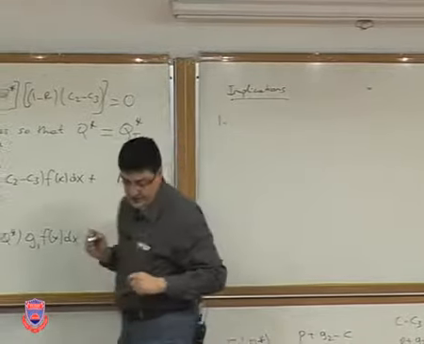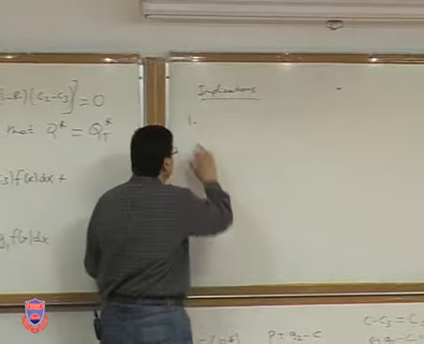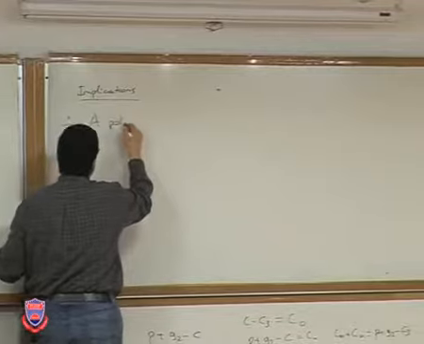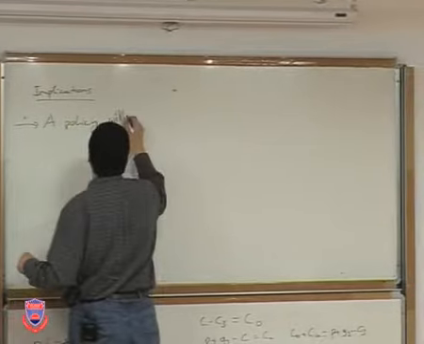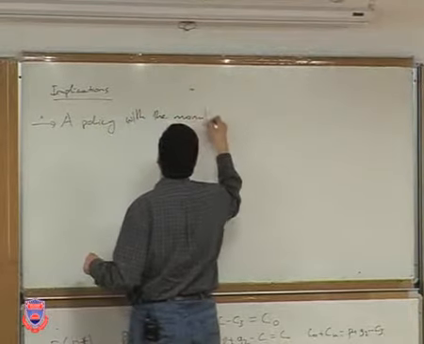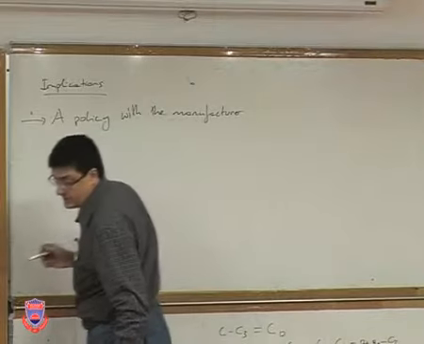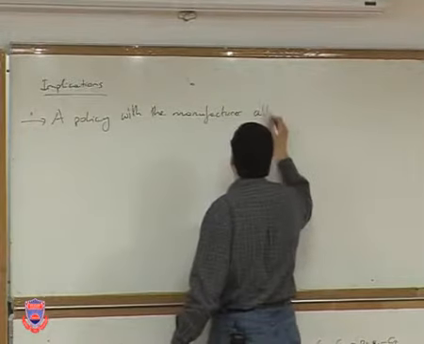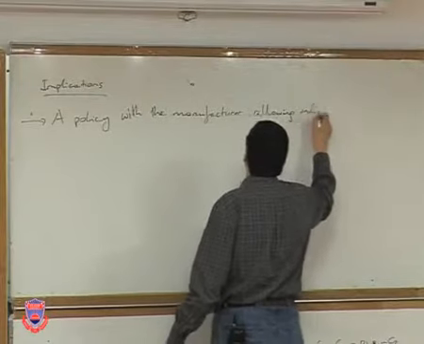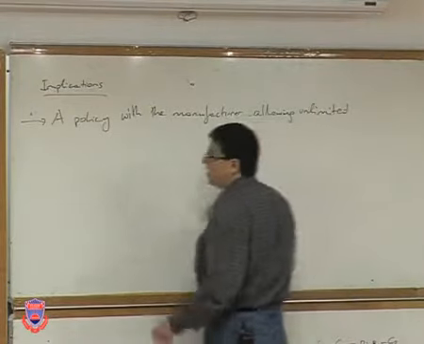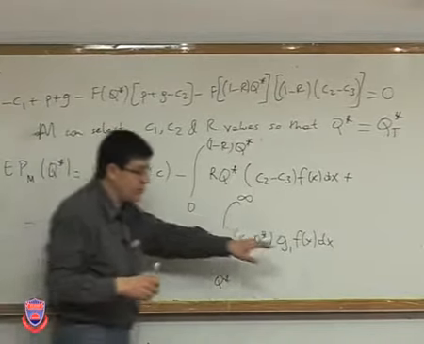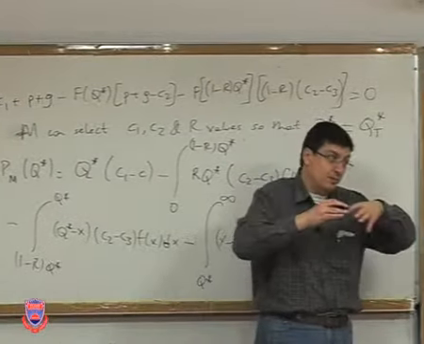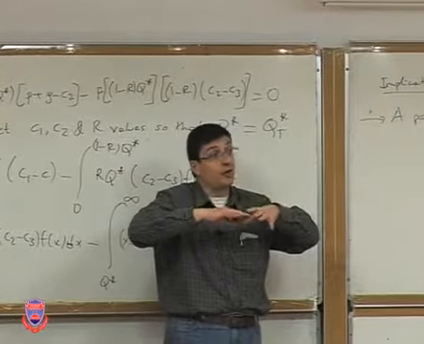Now, the first implication is, a policy with the manufacturer allowing unlimited returns. Now, by the way, what we would usually want to do in this type of system is to achieve a Q which is equal to QT star, because we know that that will maximize the expected profit of the overall system.